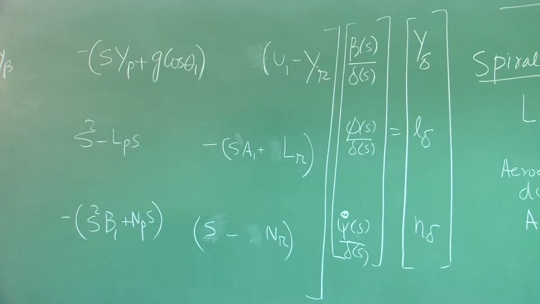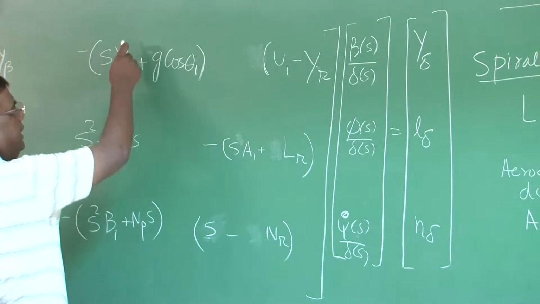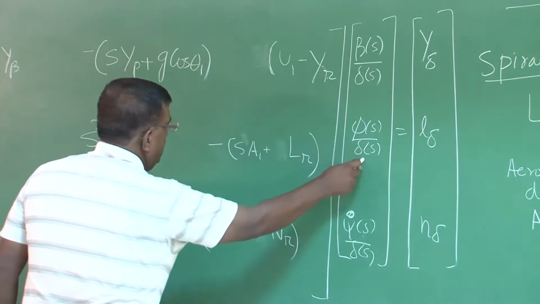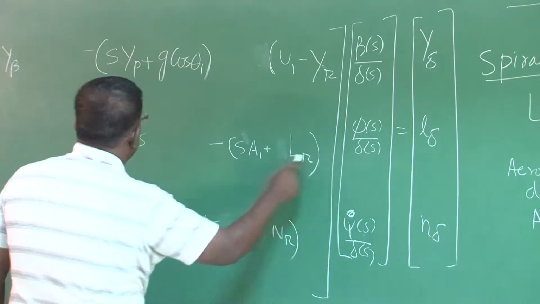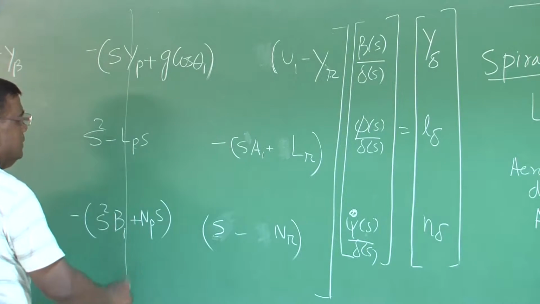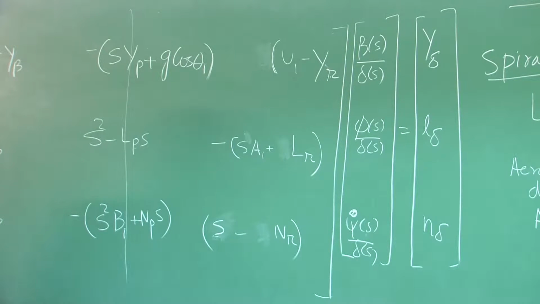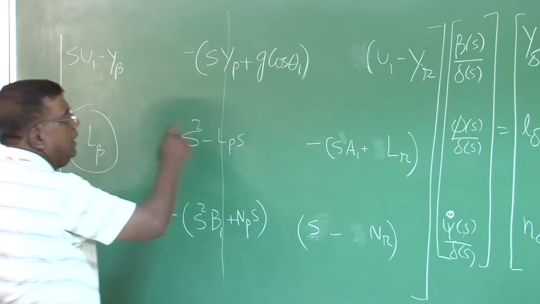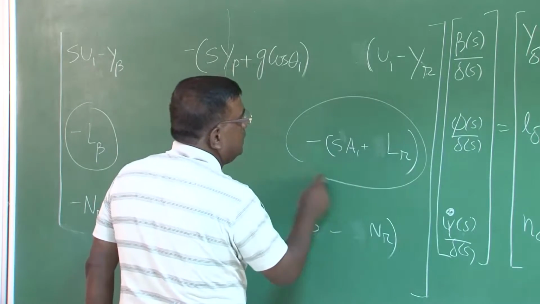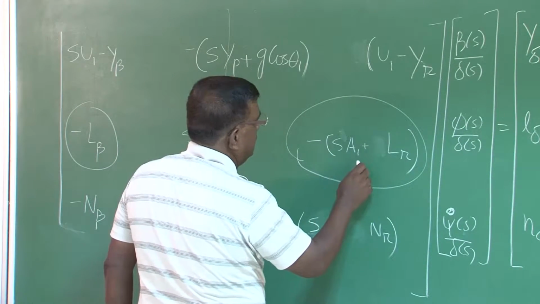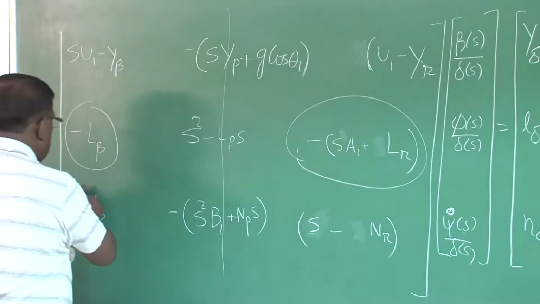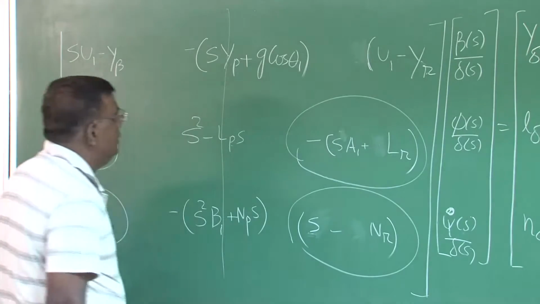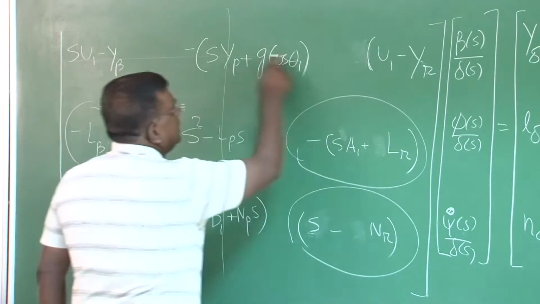And also now what we do, we say phi doesn't matter, so this term into phi, this term into phi, this term into phi, I drop this, because phi is not relevant for us. What we are left with is this one, L beta into beta, this into psi dot, then N beta into beta, s minus Nr into psi dot by ds. I am dropping this, I am dropping this.